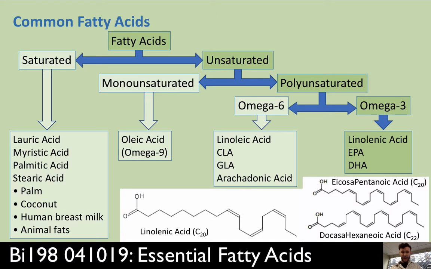And we have icosapentaenoic acid, linolenic acid, which is different than linoleic acid, and docosahexaenoic acid, DHA. DHA in particular has a huge number of double bonds in it. The degree of unsaturation is 6. There are 6 cis double bonds in DHA.